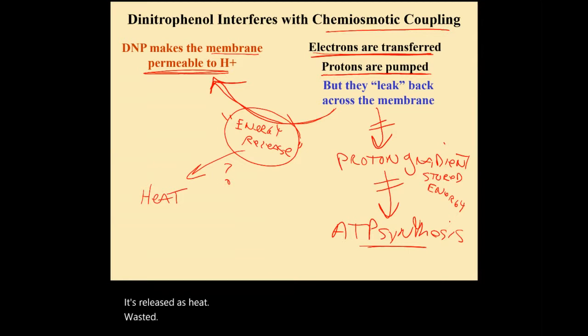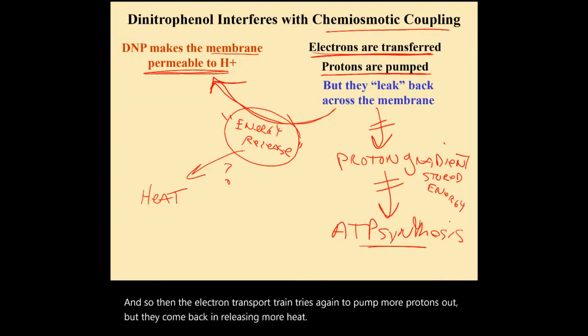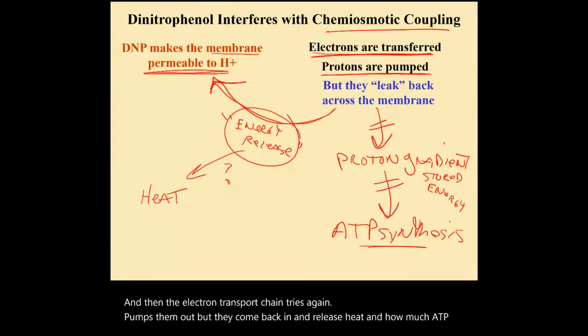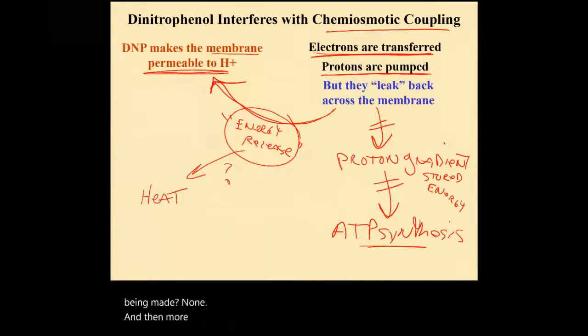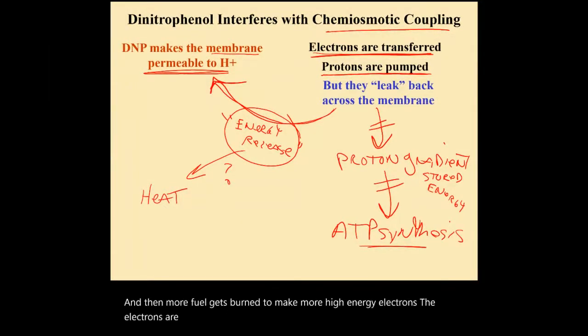And so then the electron transport chain tries again to pump more protons out, but they come back in, releasing more heat. And then the electron transport chain tries again, pumps them out, but they come back in and release heat. And how much ATP is being made? None. And then more fuel gets burned to make more high energy electrons. The protons are pumped out, but they leak back in and they generate heat.